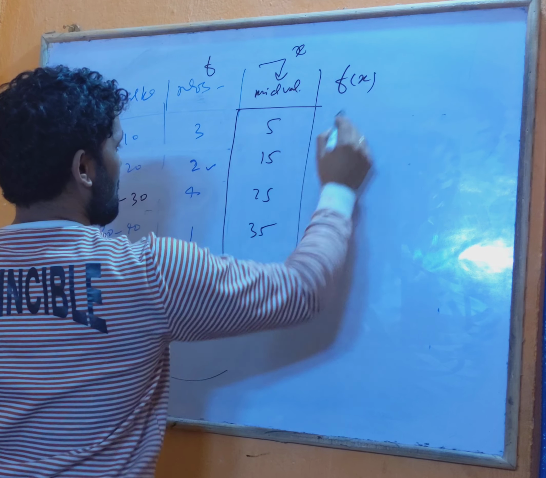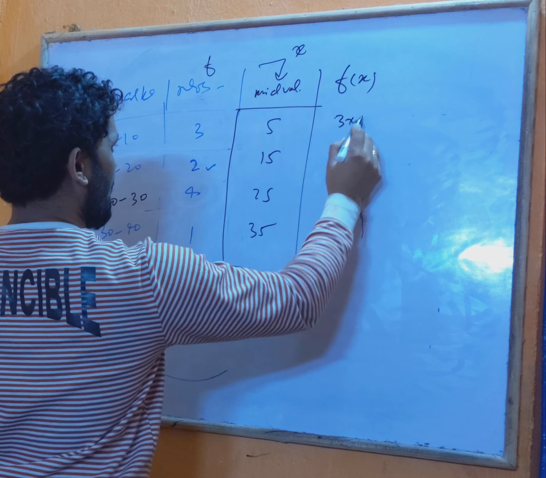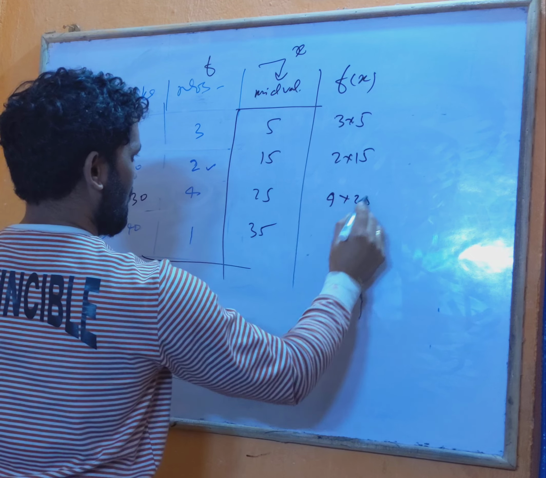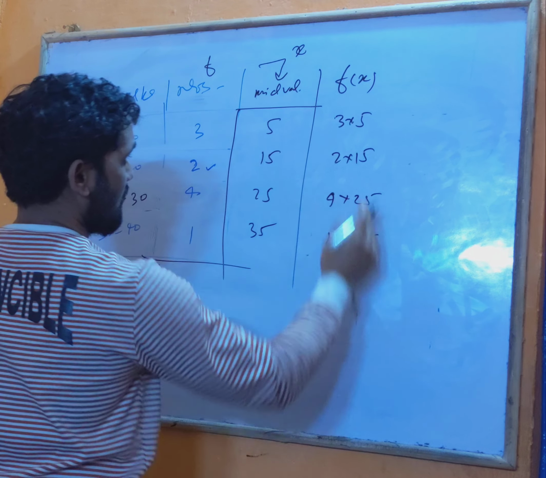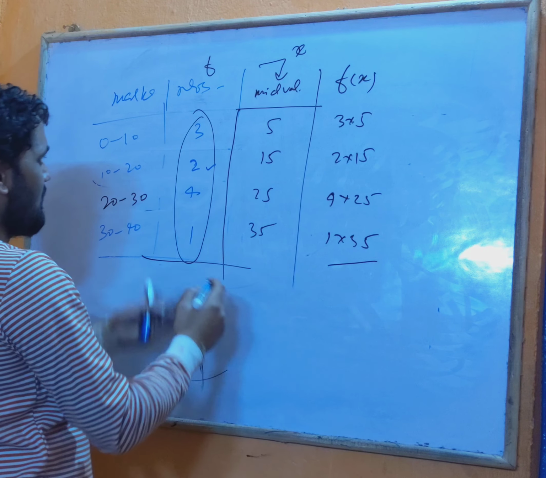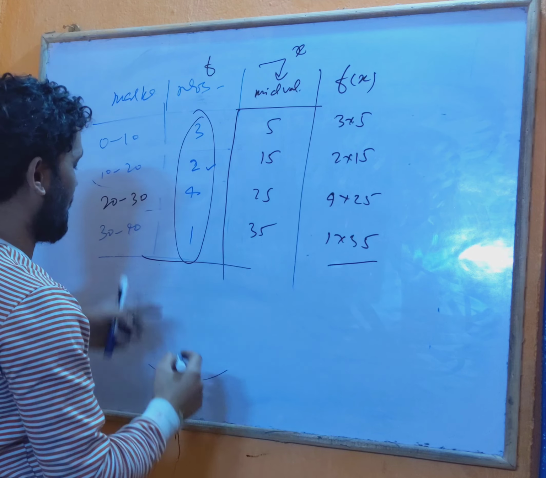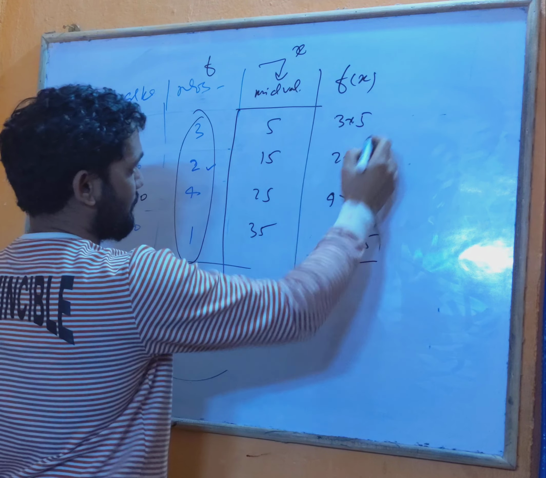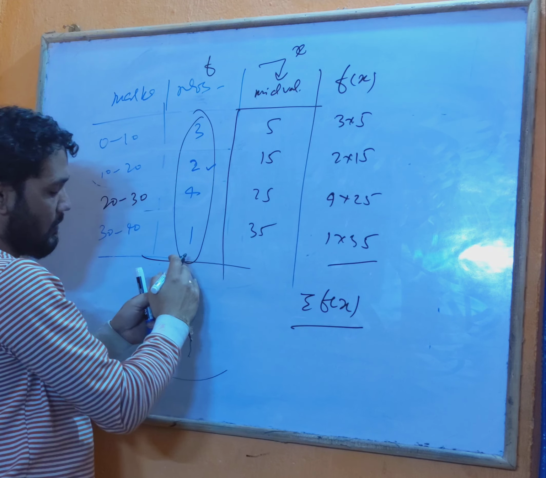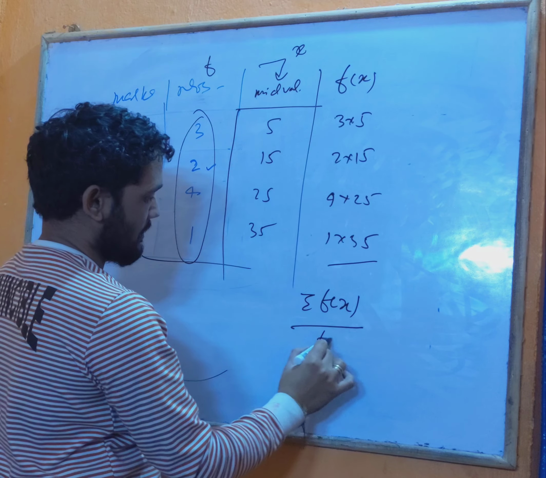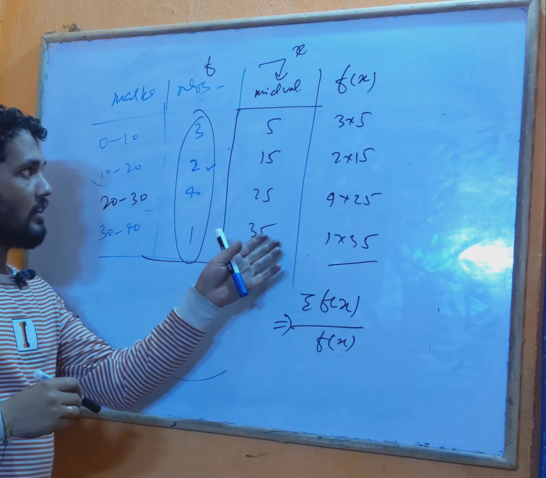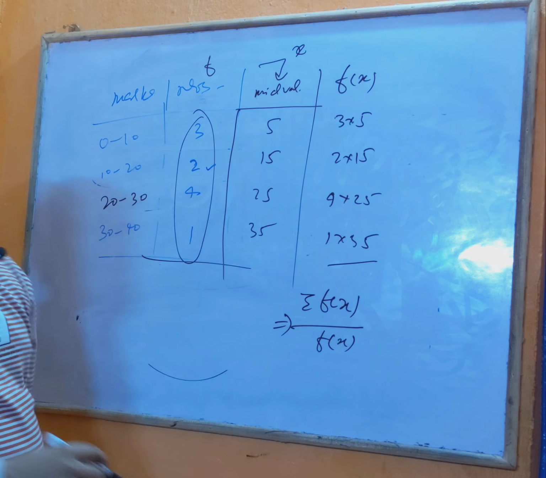First fx: 3... 5, 2, 15, 4, 25 and so on, the sum of all fx divided by the sum of all the frequencies. We can easily find the sum of fx and also the sum of all the frequencies. Finally, you find the mean for the continuous distribution.